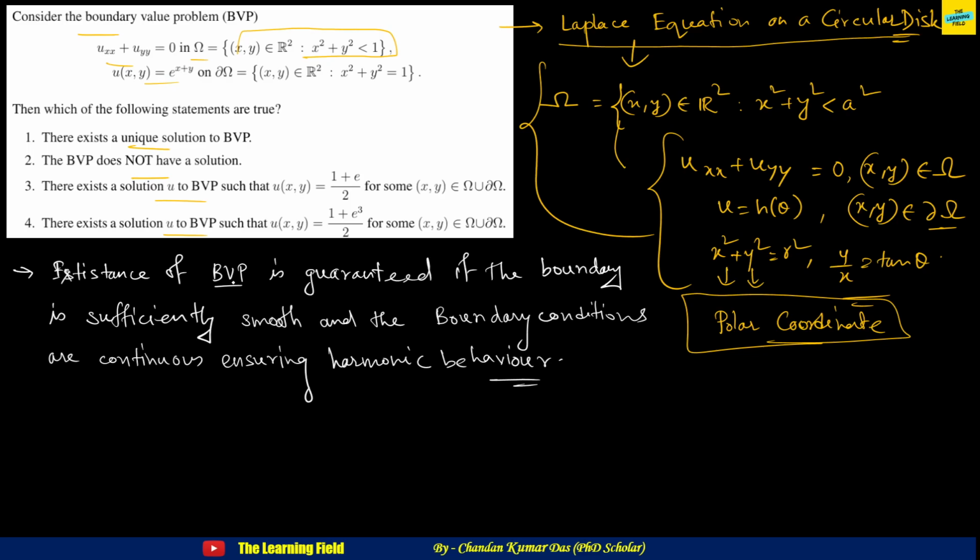So what this statement says is that the boundary should be sufficiently smooth and the boundary conditions are continuous, ensuring the harmonic behavior. If we look at the boundary condition given in our problem, it is defined on a circular disk.